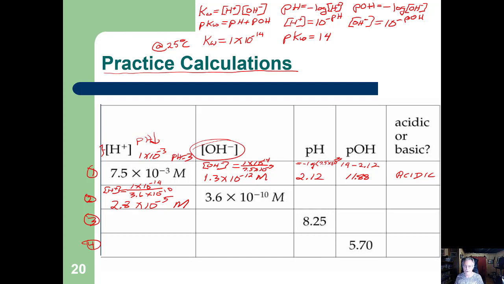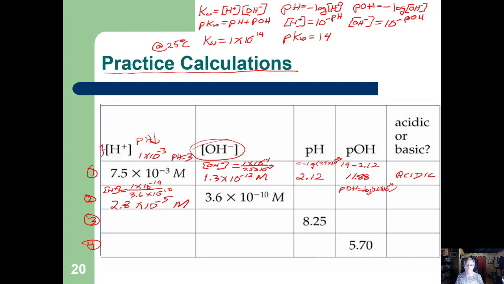Let's go ahead and get the pOH by taking the negative log of the hydroxide ion concentration. So pOH is going to equal the negative log of 3.6 times 10 to the minus 10 molar.